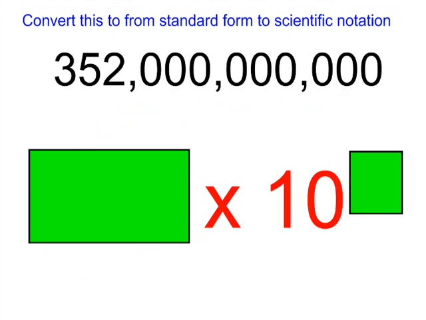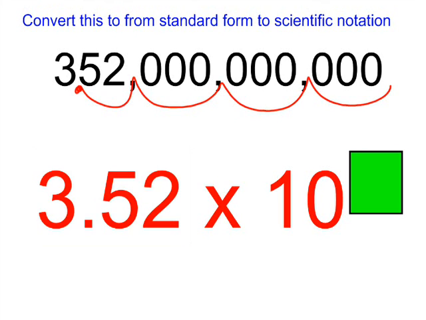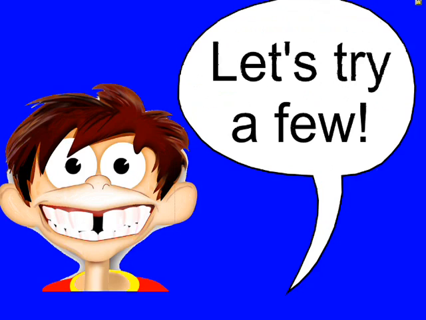And we'll do one more here. So this is 352 billion. You would need to move the decimal until that number is between 1 and 10, so 3.52, and I moved it a total of 11 spots. So it would be 3.52 times 10 to the 11th power.